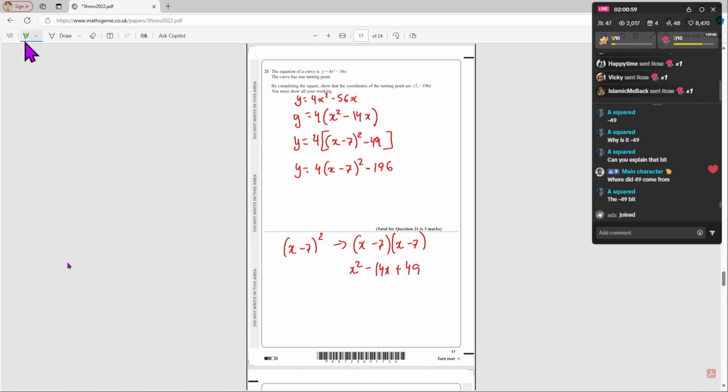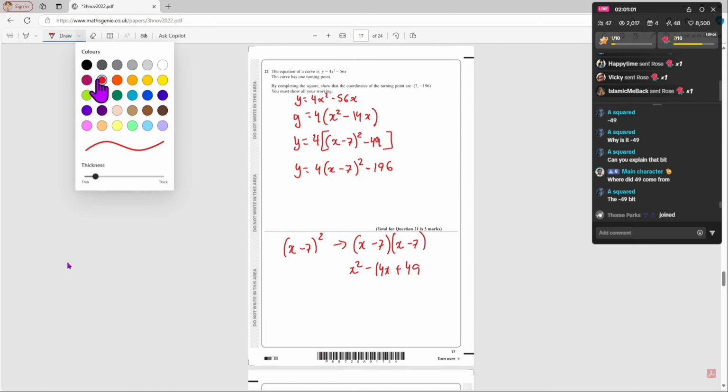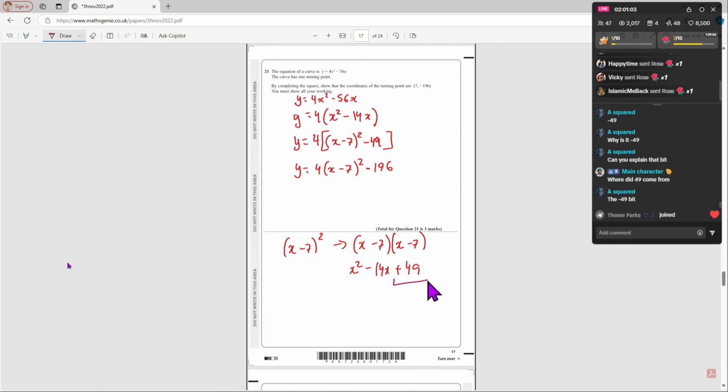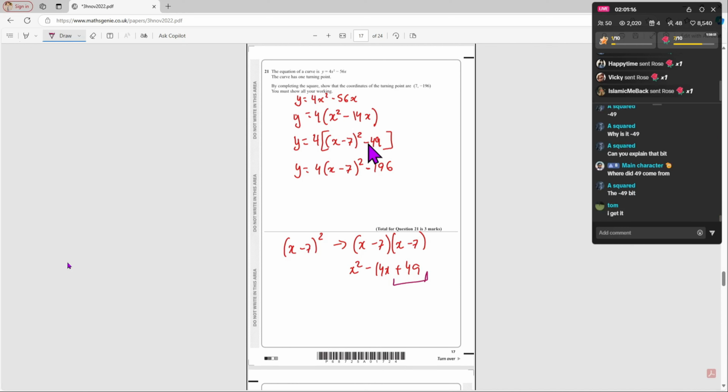Now, as you can see, we have an extra plus 49. We do not want this, because you want to exactly get x squared minus 14x. So what we do is we minus it on that part over there, okay? That's the mathematical reason why we do minus 49. Okay?